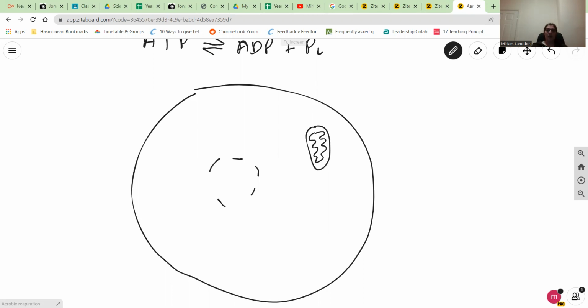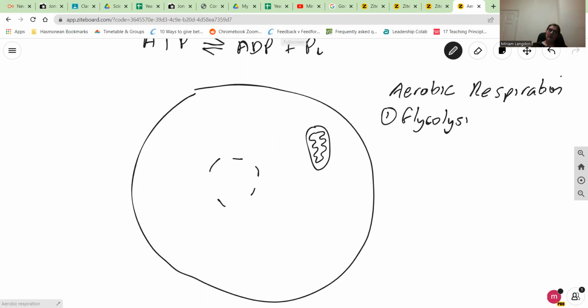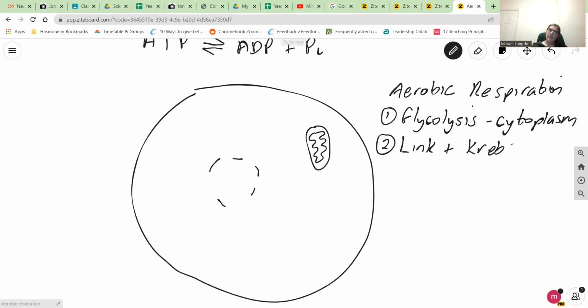And that's because aerobic respiration actually takes place in 3 parts. Part number 1 is glycolysis, which takes place in the cytoplasm of the cell. Nothing to do with the mitochondria at all. Part 2 is the link and the Krebs, which takes place in the matrix of the mitochondria.